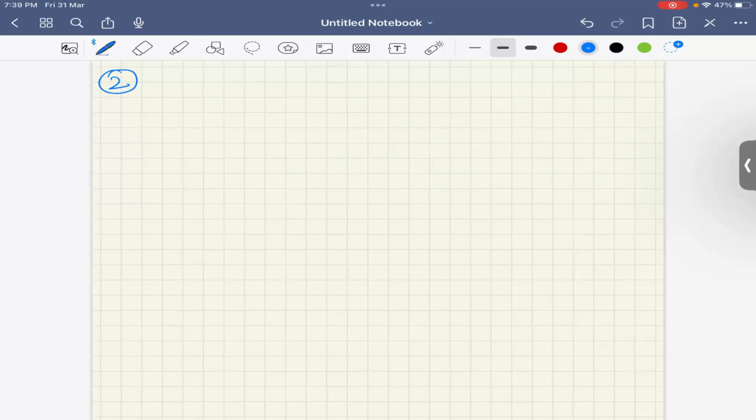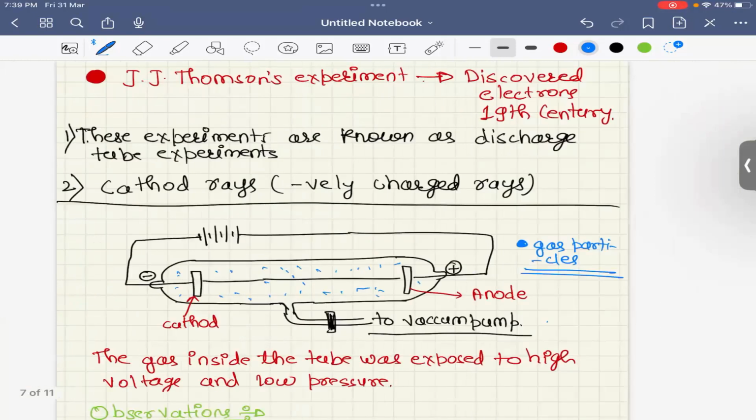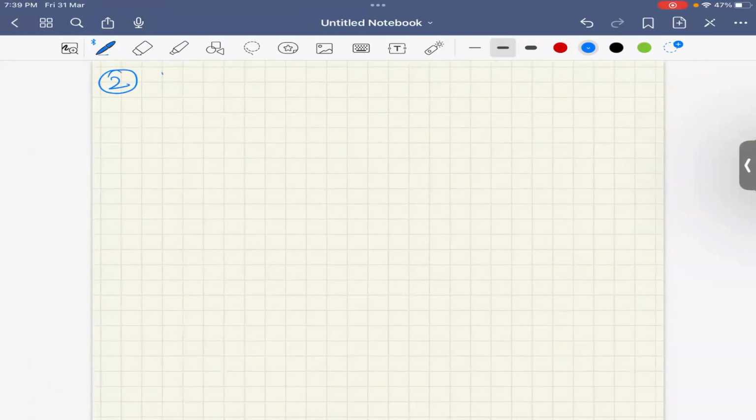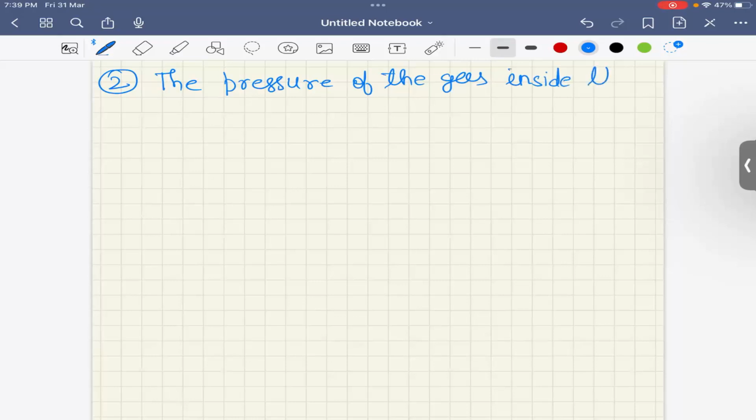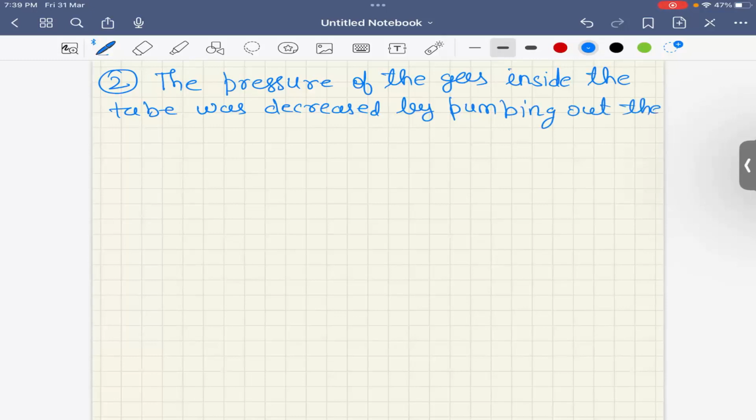So in this case, the pressure of the gas inside the tube was decreased by pumping out the gas with the help of a vacuum pump, right?